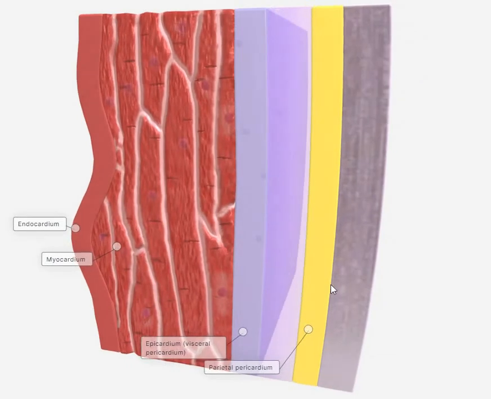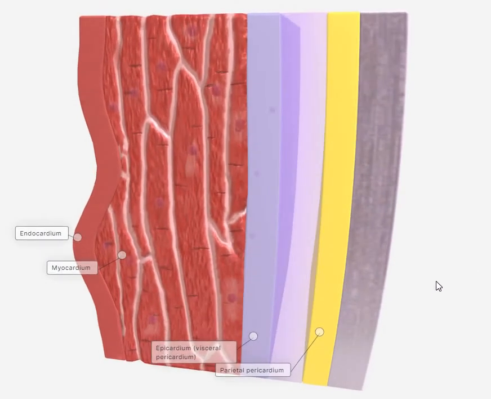The fibrous pericardium is comprised of much thicker, denser connective tissue. So the role of the fibrous pericardium is to keep the heart in place and make sure it doesn't move around, basically.